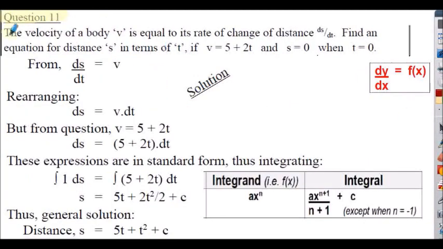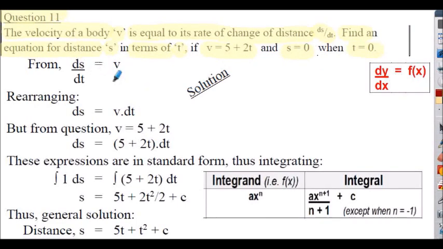Question 11. The velocity of a body, v, is equal to its rate of change of distance, stated as ds by dt. We've got to find an equation for distance s in terms of t if v is equal to 5 plus 2t and s is equal to 0 when t is equal to 0.